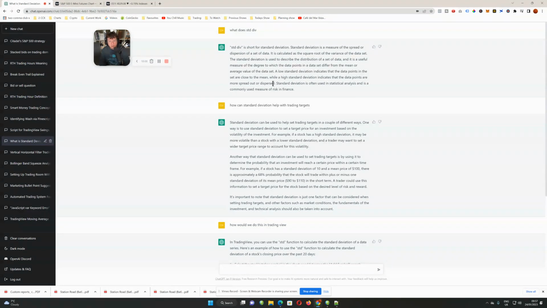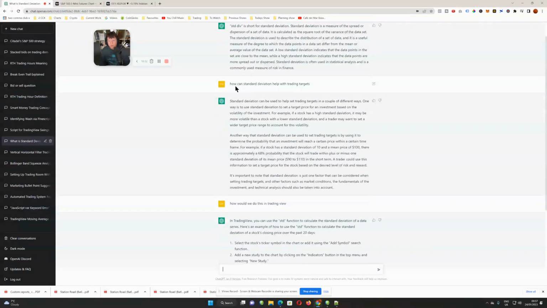Standard deviation is short for standard dev, as I even put in, because that's how it's referred to in trading, and it automatically worked out that standard deviation is a measure of the spread or dispersion of a set of data. It's calculated as the square root of the variance of the data set, so it says exactly what it's doing. Then I went on to ask, okay, how can standard deviation help me within trading?